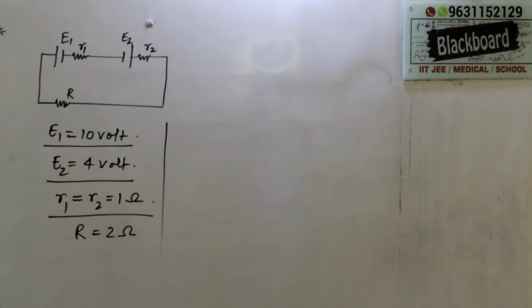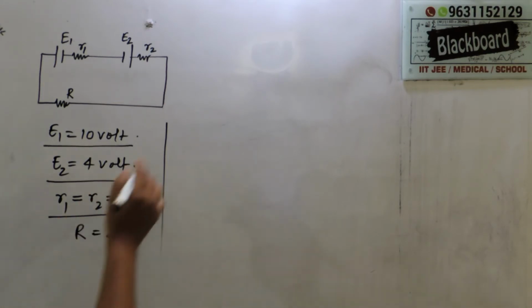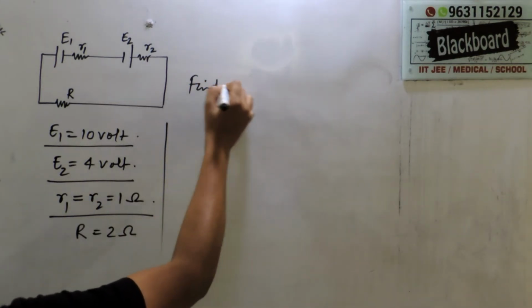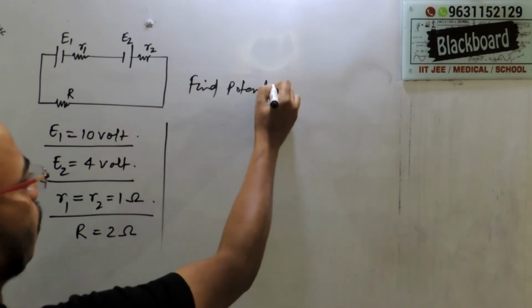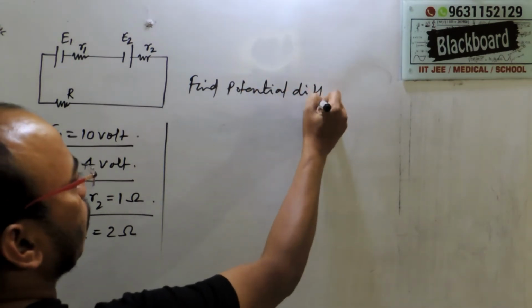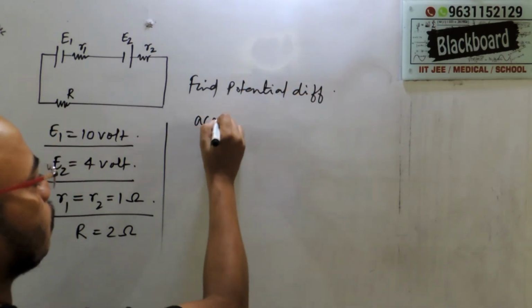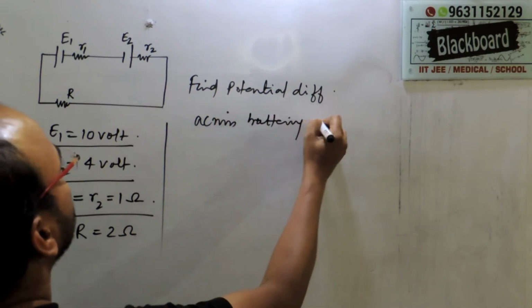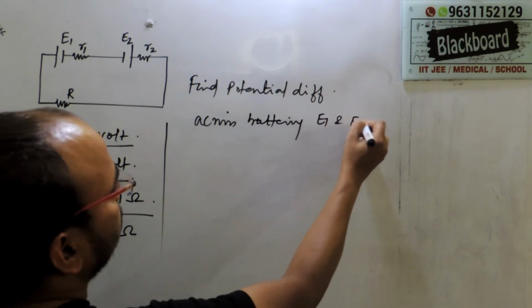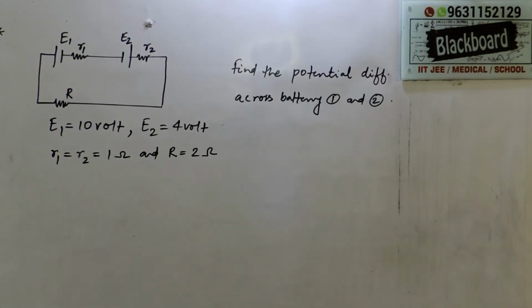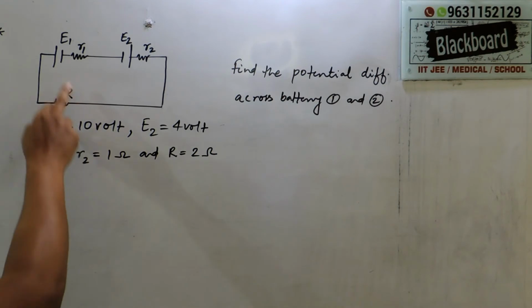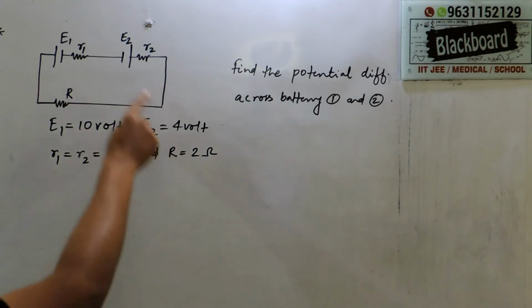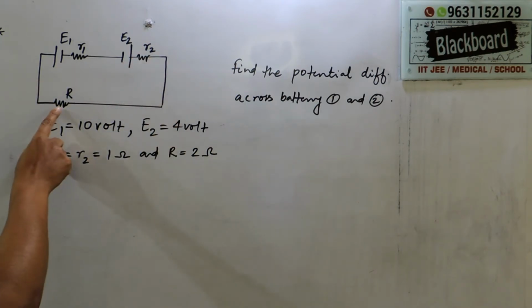In this question, your requirement is to find the potential difference across battery E1 and E2.